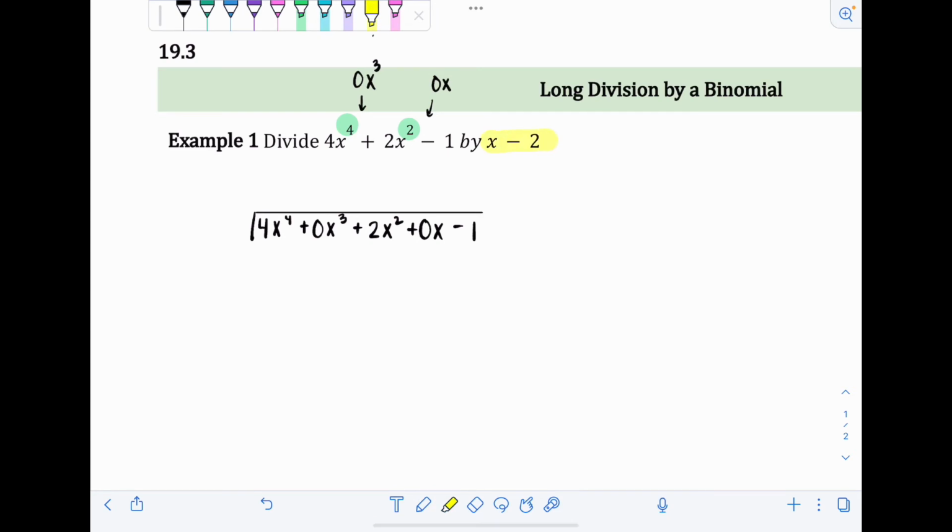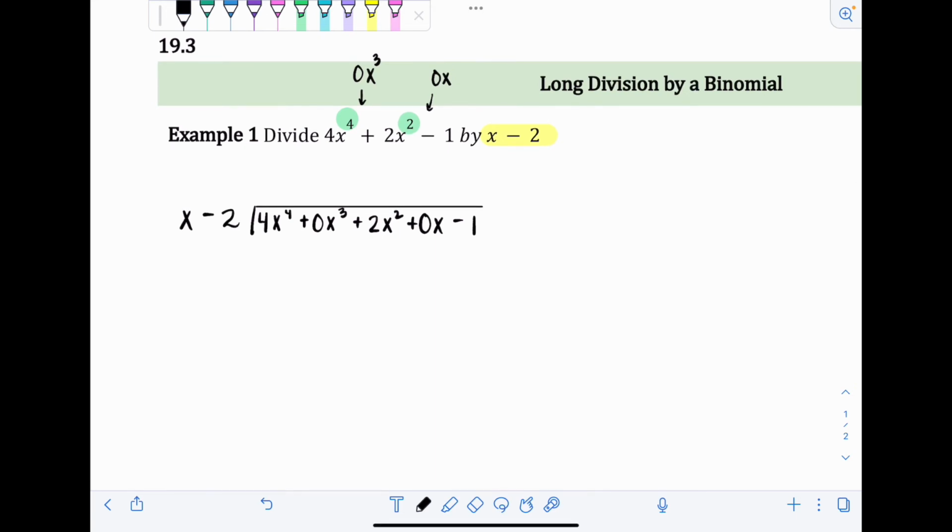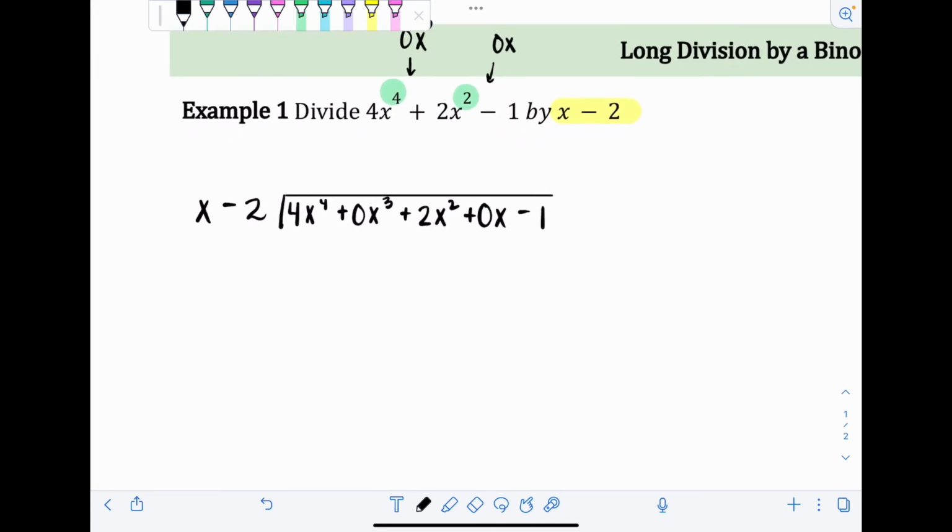Okay, so we're dividing by x minus 2, so that'll go here. And this is where what I was saying comes in, that we're always just focusing on the first part of each polynomial. So what I mean by that is we're going to start with the first term here and divide it by the first term here. I'm always going to be dividing by x.